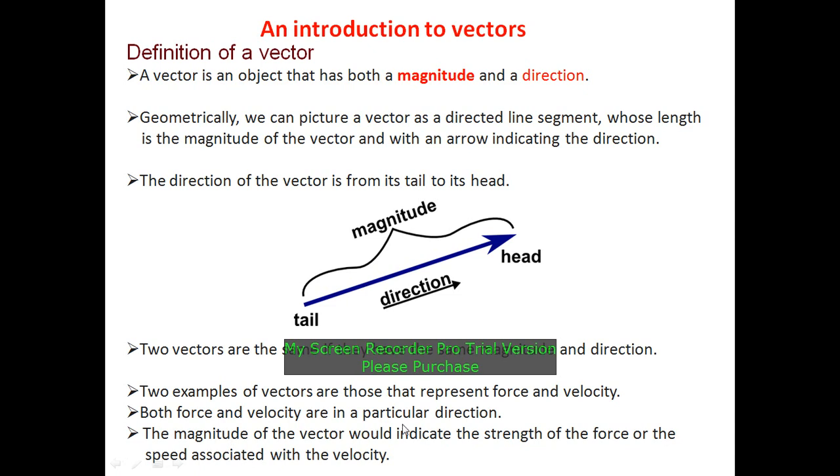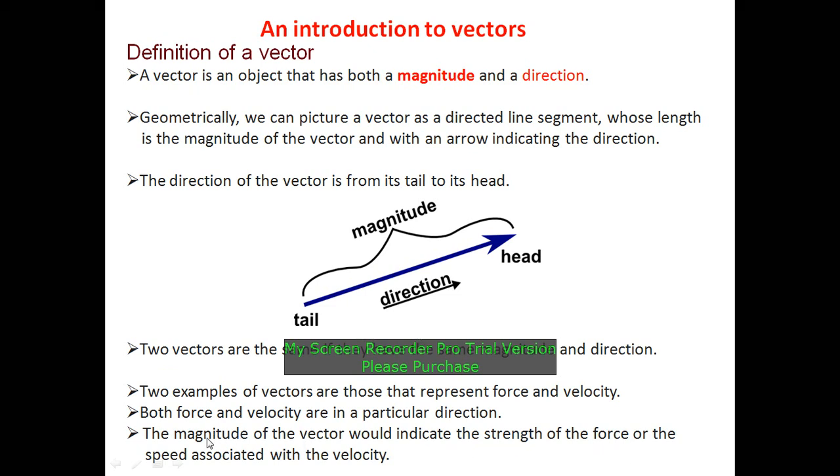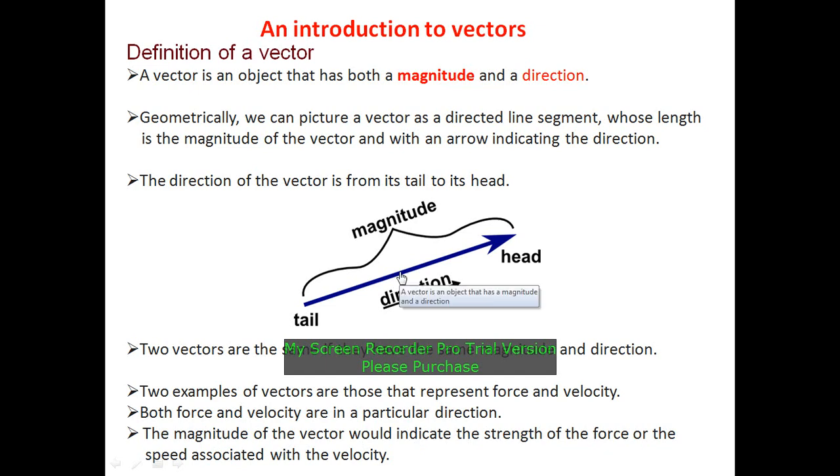So what is the value of magnitude? If you consider force, then magnitude is considering the strength. If we consider 5 Newton, then the 5 is the magnitude, and if we consider 15 Newton, then automatically 15 Newton has a greater strength than 5 Newton.